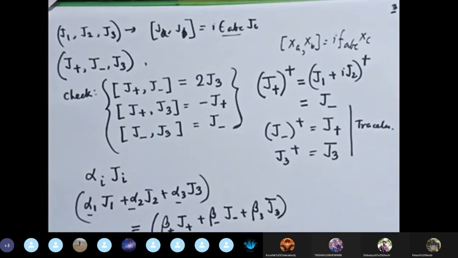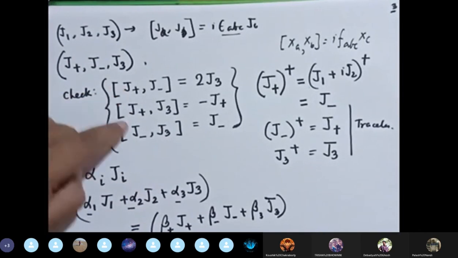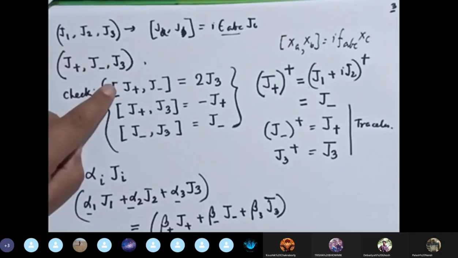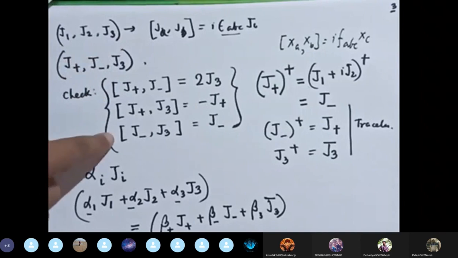For that we redefine a new set of generators as a linear combination of J1 and J2, and the Lie algebra translates in this form.